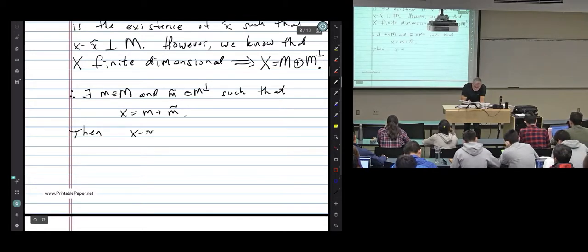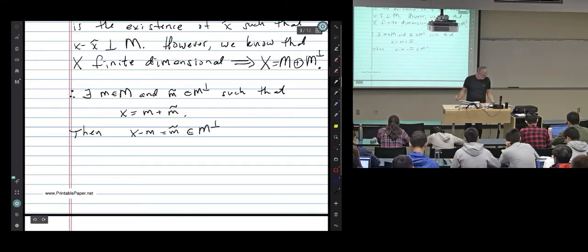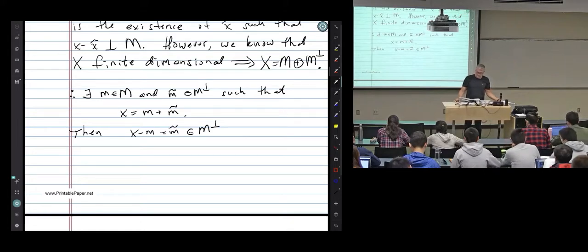x minus m equals m tilde, which is an element of the orthogonal complement.